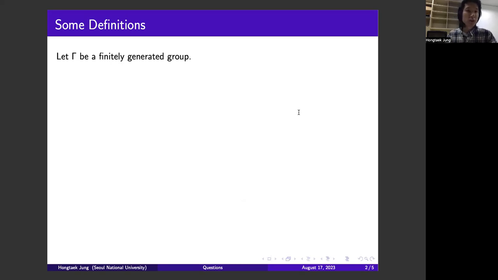In this new definition, our domain group Gamma is a finitely generated group. In the survey lecture, these groups are assumed to be word hyperbolic groups, but in this setting we don't need to assume this.